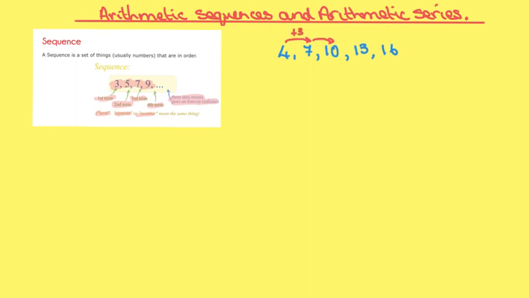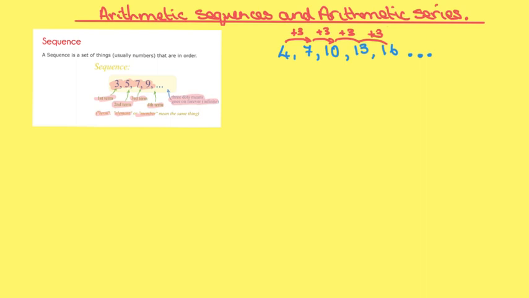From 4 to 7 is 3. From 7 to 10 is 3. From 10 to 13 is 3. From 13 to 16 is 3. And with 3 dots afterwards, we know the sequence is infinite.